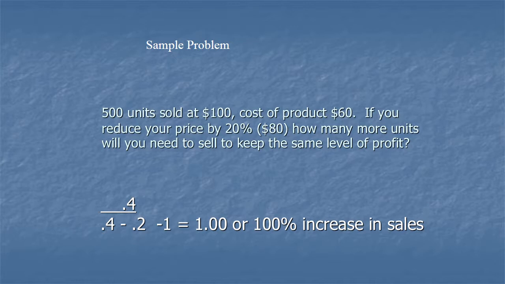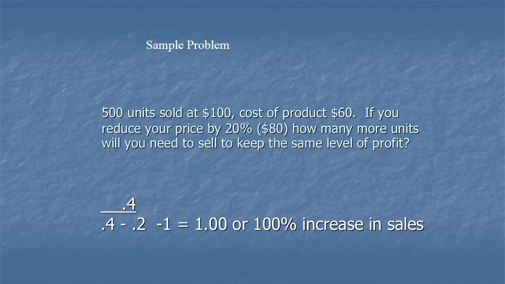If you reduce the price by 20%, that is down to $80, then we take our original gross profit margin, 0.4 or 40%, minus the 20% discount, or 0.2, and then divide, and then take that number and minus 1.